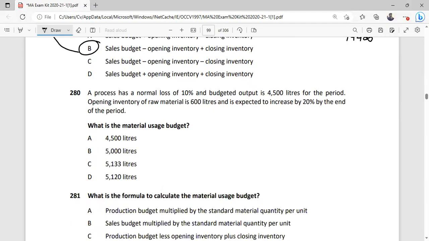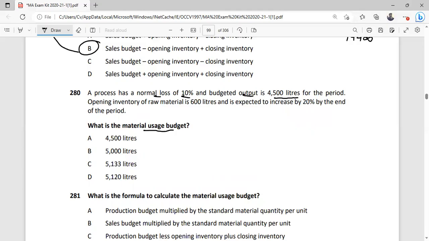A process has a normal loss of 10% and the budgeted output is 4,500 liters. It is output for the period. Opening inventory of the raw material is 600 liters and is expected to increase by 20% by the end of the period. What is the material usage?